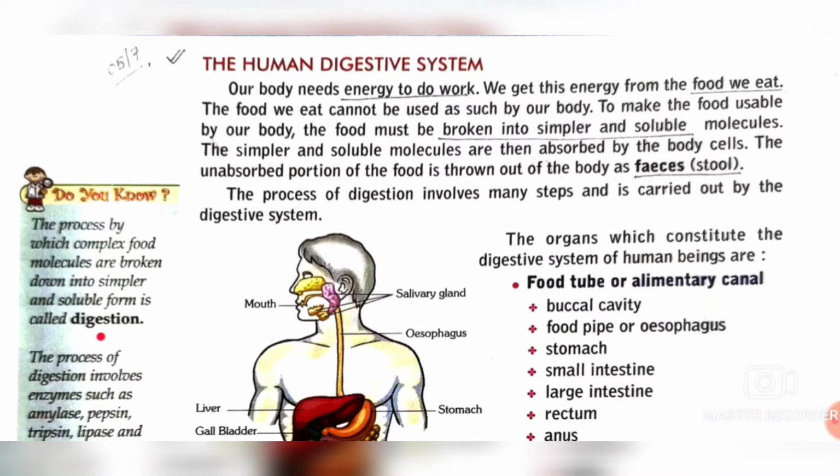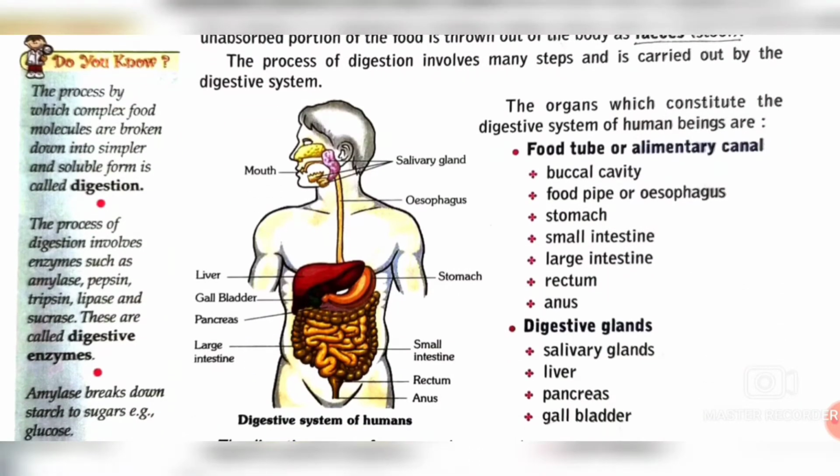Okay, when some organs are involved in similar work, they form an organ system. তারা কিন্তু একটা organ system তৈরি করে. Similarly, এখানেও কিন্তু digestive organ system.